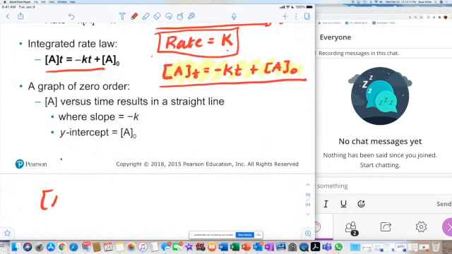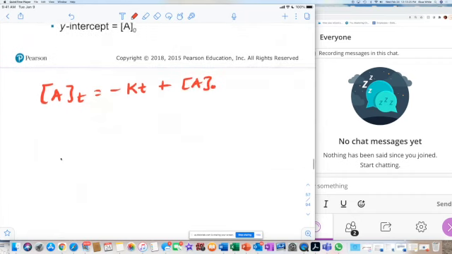Based on my journey in chemistry, I feel like chemists prefer linear graphs. If they can linearize anything, they would. The integrated rate law tends to be in a linear format, so we'll talk about that too.